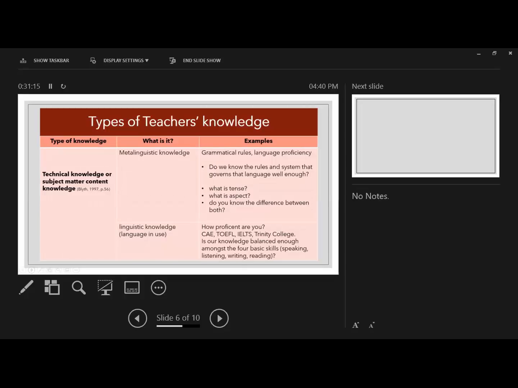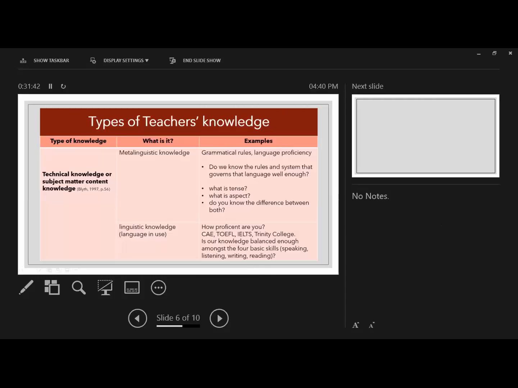He was one of the first leading scholars who brought up the idea of classifying the different types of knowledge teachers possess, right? He talked about the technical knowledge or subject matter content knowledge, right?